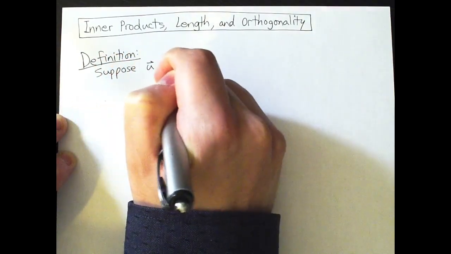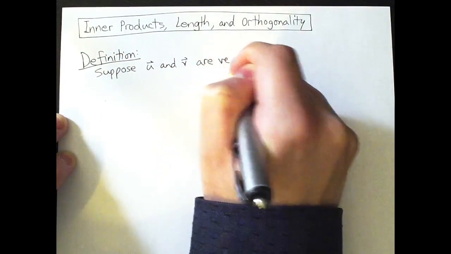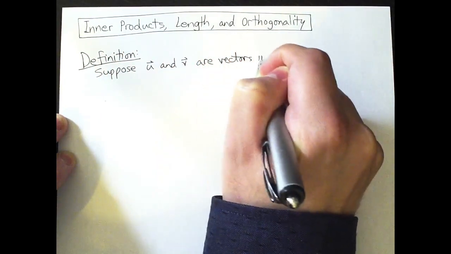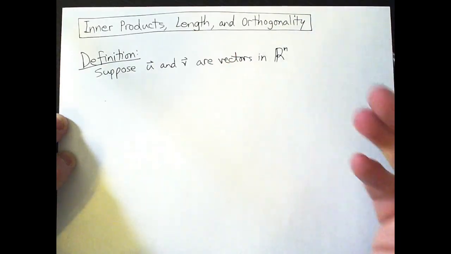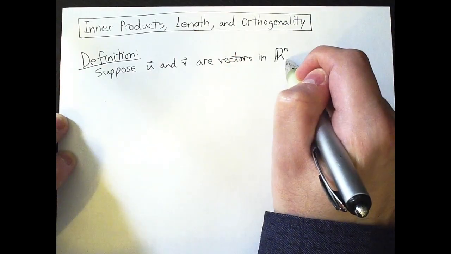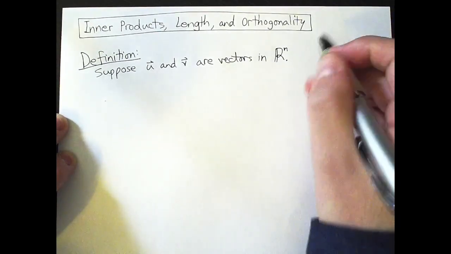Suppose u and v are vectors in Rn. Whenever we say this, of course, we're assuming that n is a positive integer. The important thing is that they're both vectors of the same size.